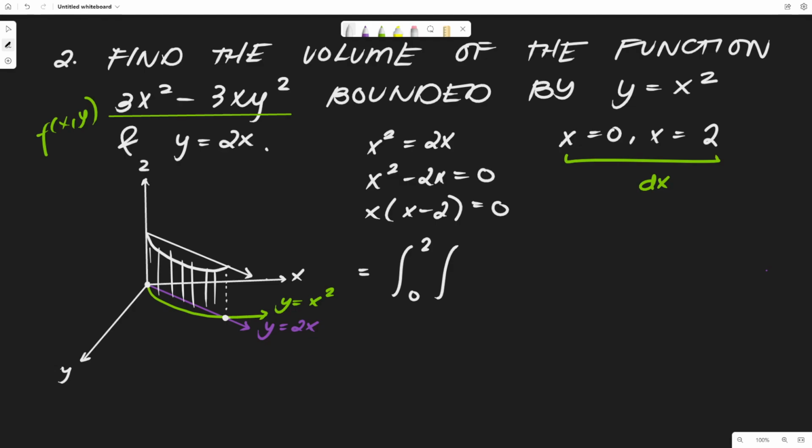Since this is the orientation of our graph, it is right minus left, so the farther along y minus the nearer along y. So that is 2x minus x squared. Then we put the function inside.